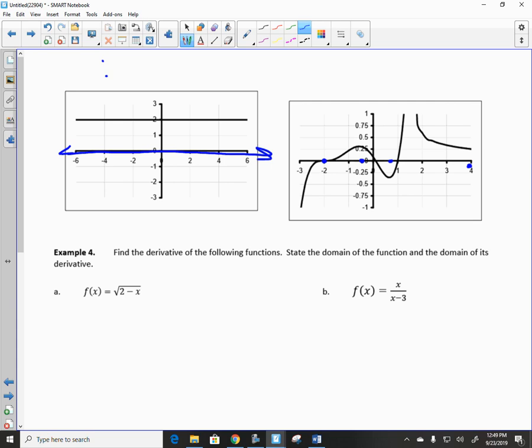Is there a spot where you can't take the derivative here? Yeah, about 1.5. Looks like there's a vertical asymptote there. Let's think about the derivative near that vertical asymptote. Let's look on the right side of the vertical asymptote. What would you say about the slope right here? Everybody agrees super negative.